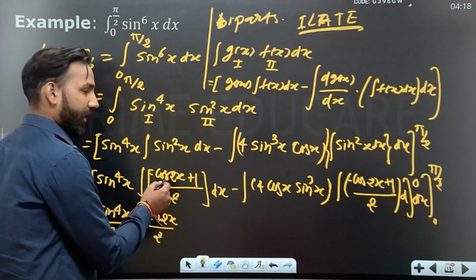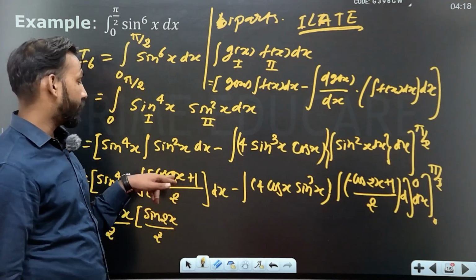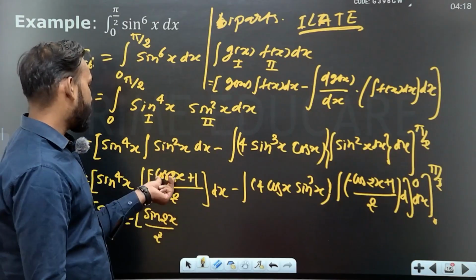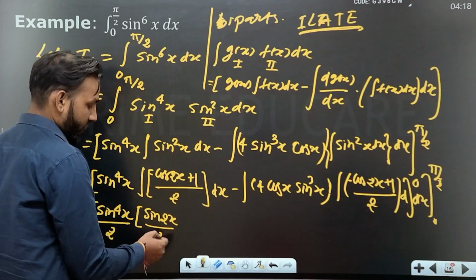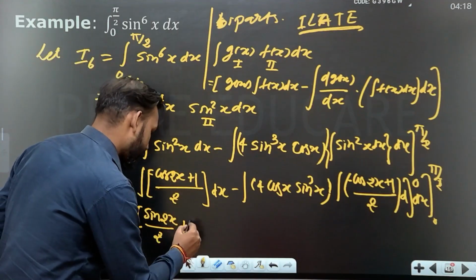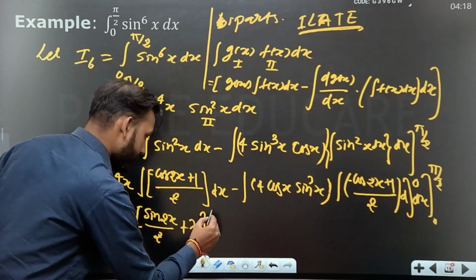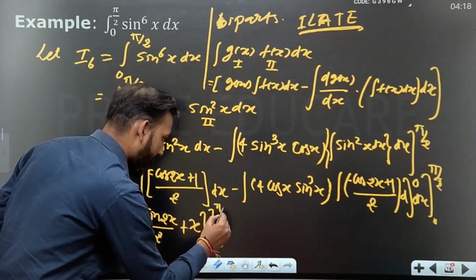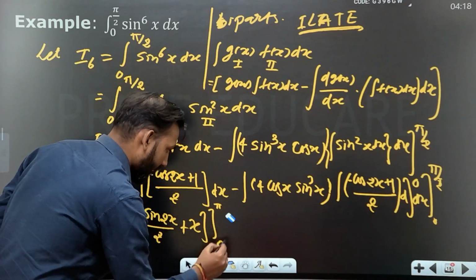The differentiation of cos 2x is minus sin 2x, but the integration of cos 2x is sin 2x divided by the differentiation of 2x, which is 2, and the integration of 1 is x, with limit 0 to pi by 2. Okay, are you fine, guys?